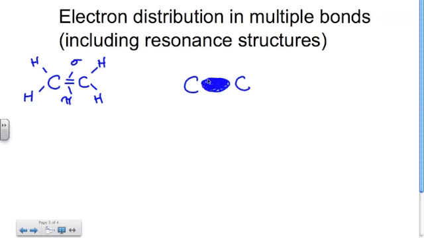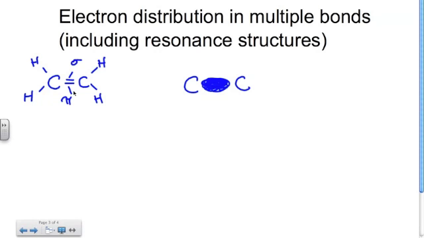However, if you remember from the Pauli exclusion principle, we can only have two electrons of opposite spin occupying one orbital. We know that electrons like to repel each other. So what happens with the electrons that are in the second bond?